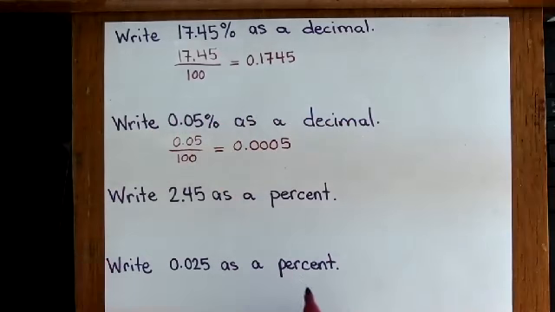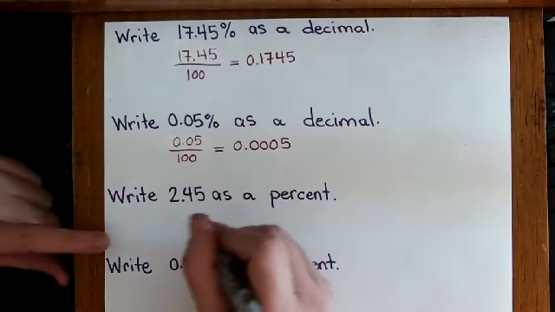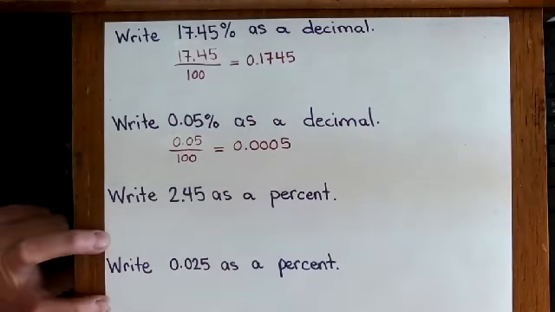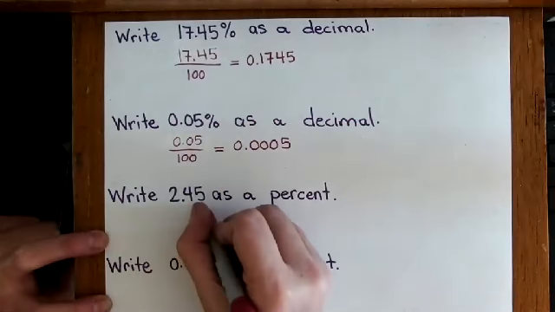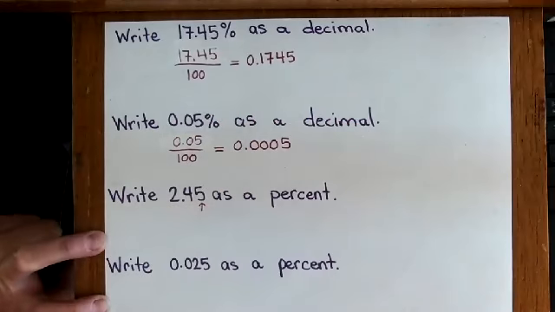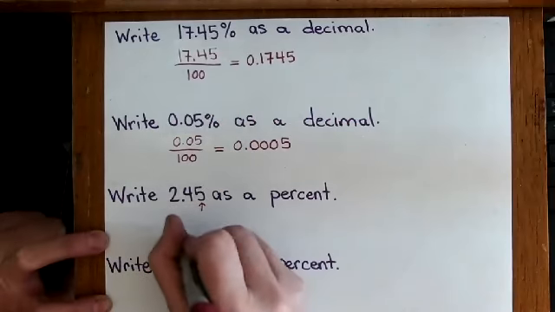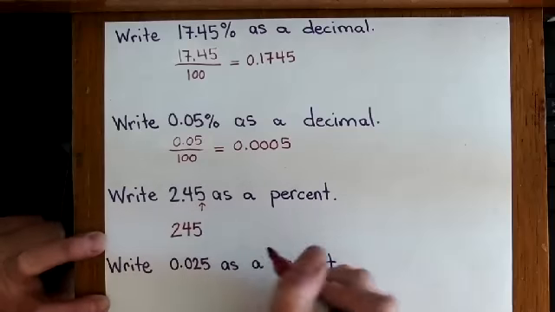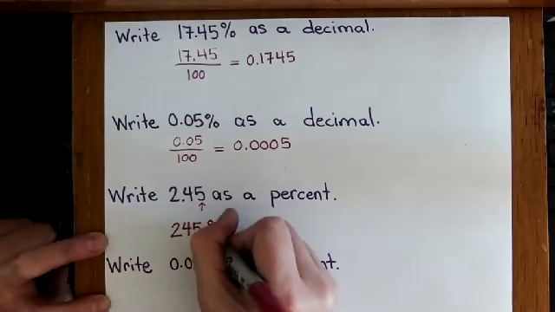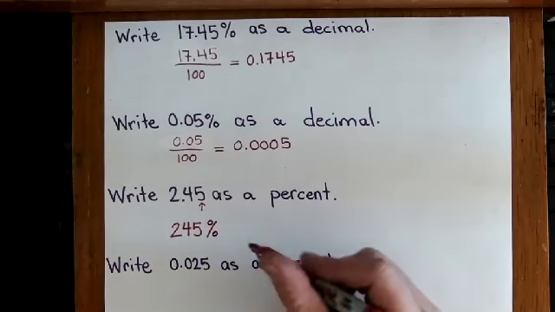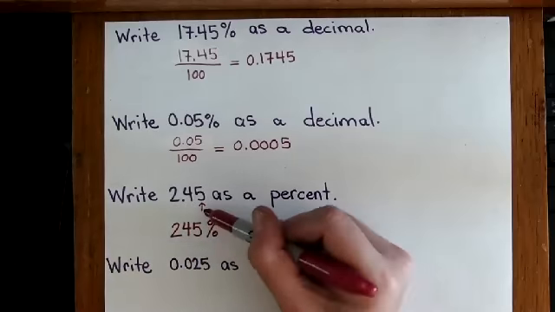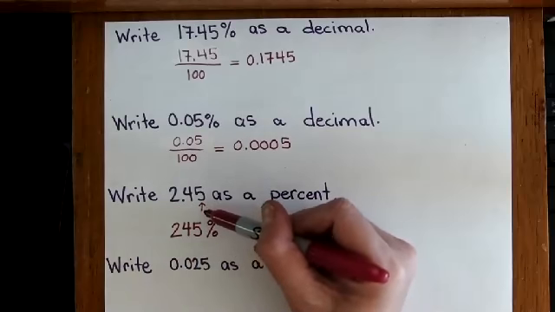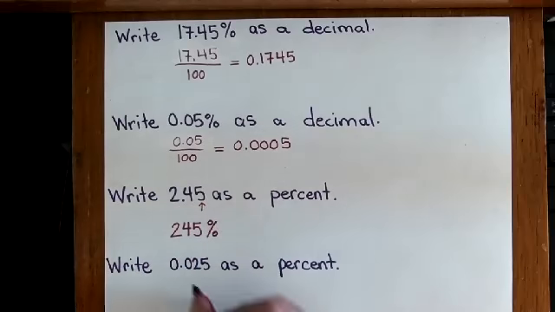Write 2.45 as a percent. So here, what you're doing is you're isolating your hundredths place, and those are the numbers that become your percent. So here we have percent, and here we have the hundredths location, right?